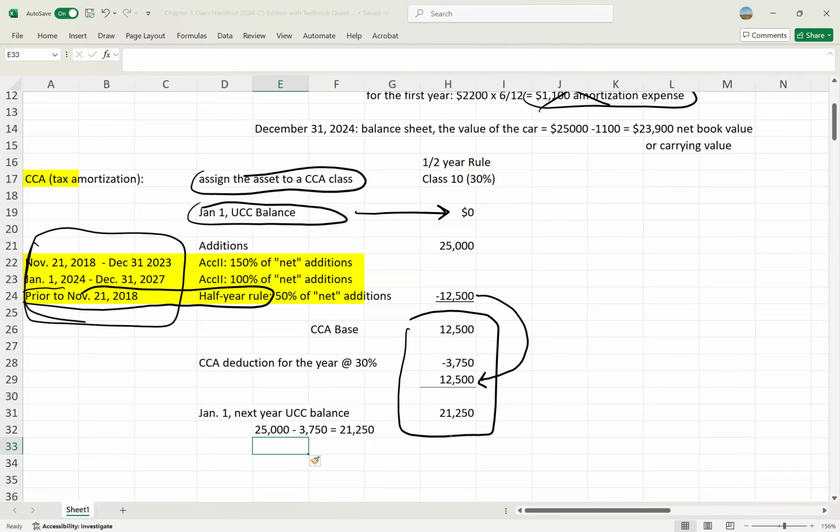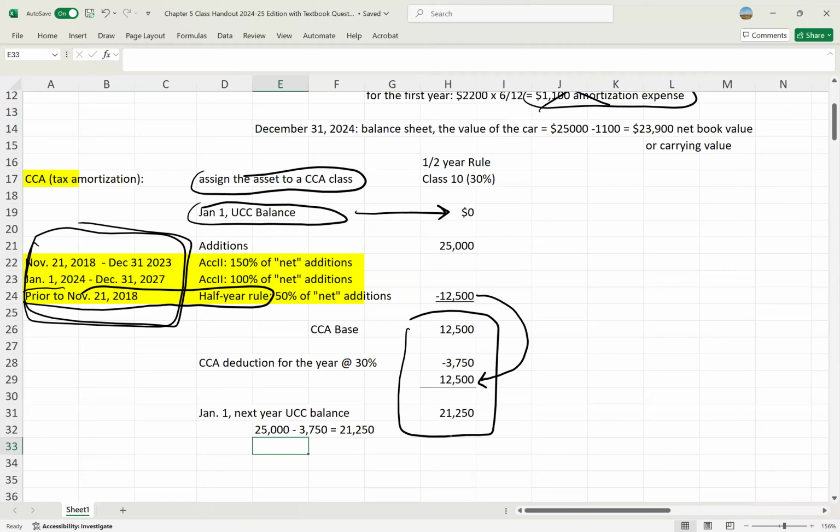So depending on which date you fall into, you use those rules, but there are still very limited classes that still use the half-year rule. And we'll see that, I believe, in one of the later chapters where the half-year rules still exist. Once again, for a limited number of classes. So that's the half-year rule.